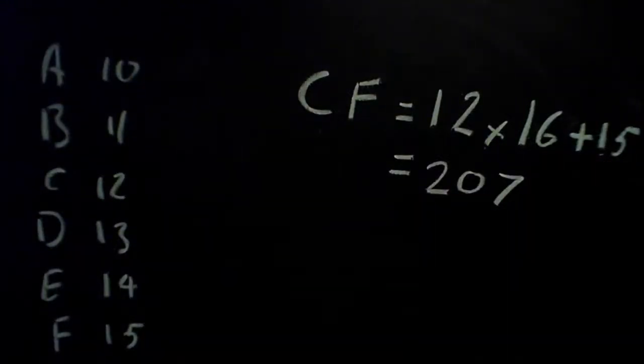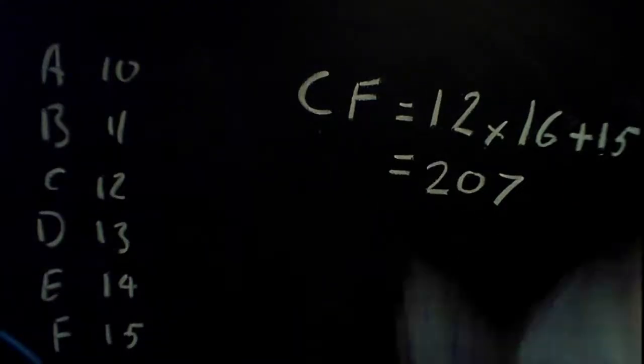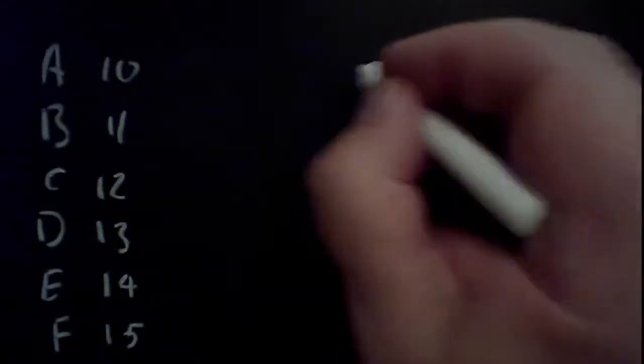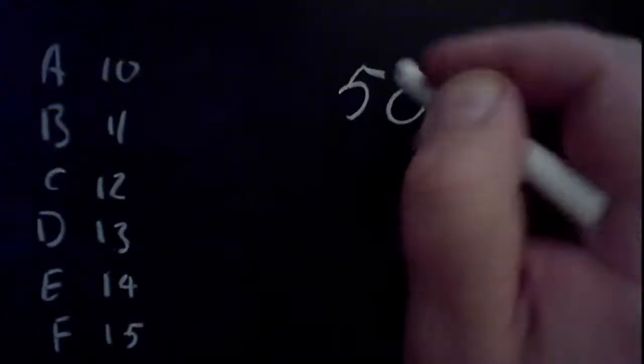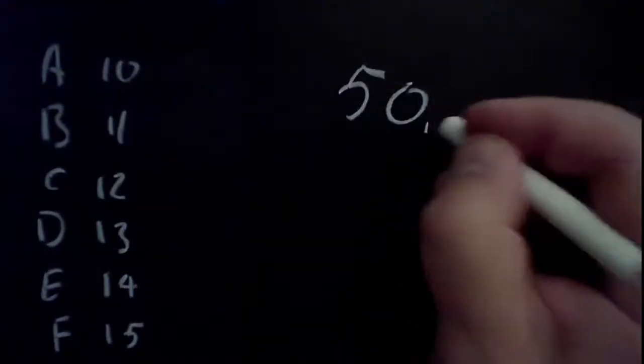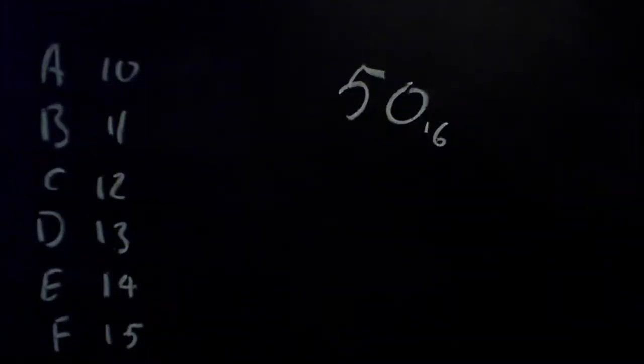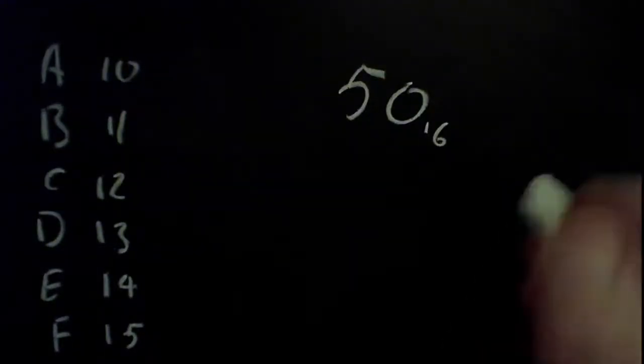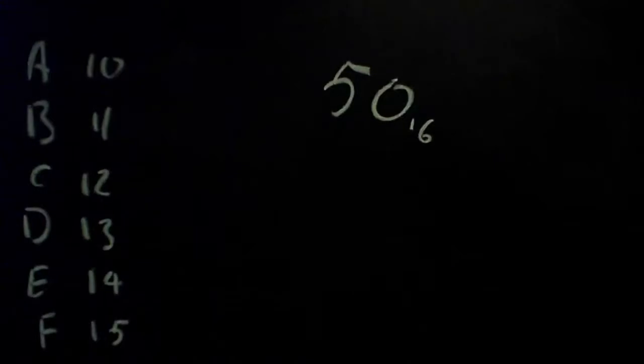Okay, let's just look at one more. You don't have to know why this works, but it's nothing particularly amazing. So suppose you had something like 50 in hexadecimal. Just put that 16 just to say this is in hexadecimal. You could think about that in binary fairly easily.